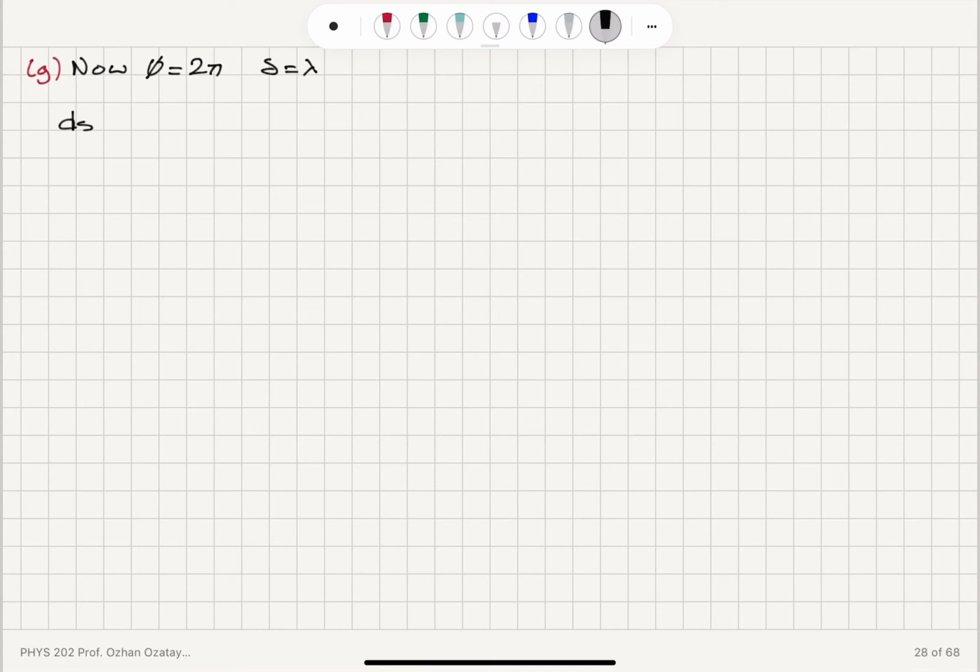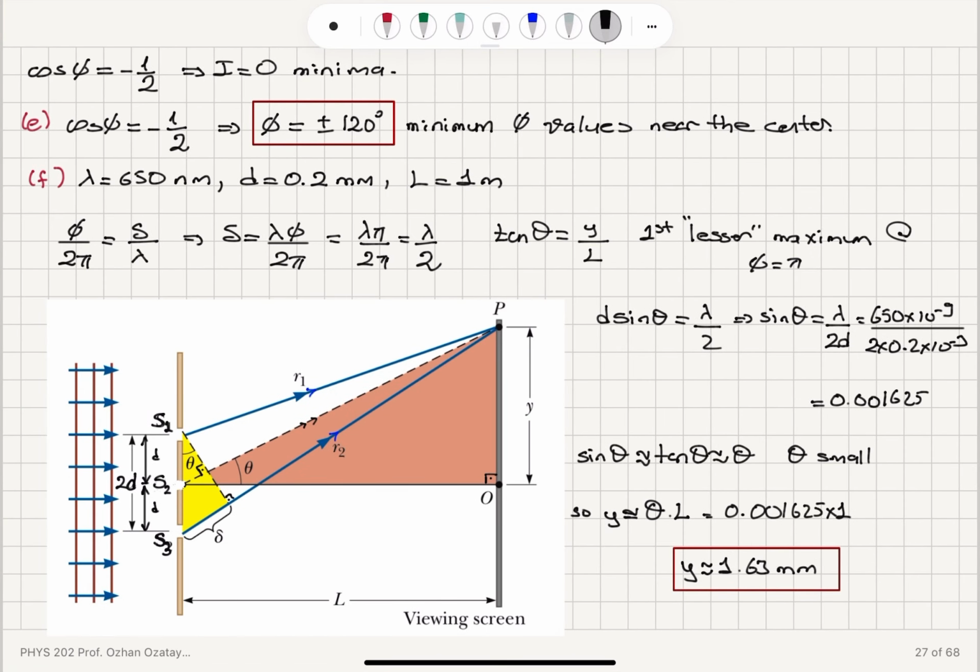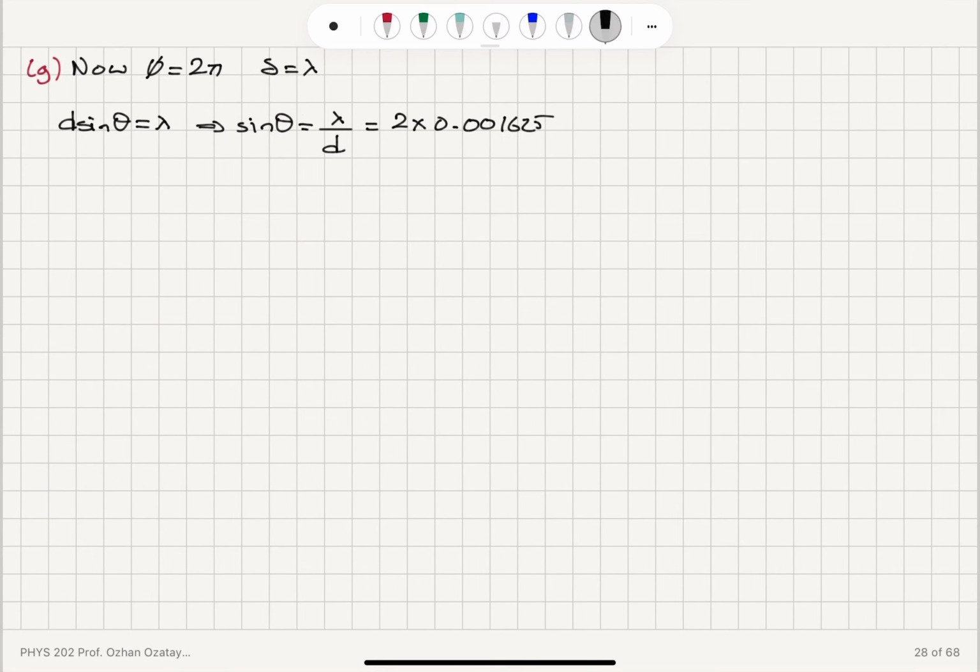So d sine theta is equal to lambda, which gives us sine theta equal to lambda divided by the slit-to-slit separation d, which is basically 2 times 0.001625. So in the previous case we had lambda over 2d, now we have lambda over d, so it's twice the previous answer.